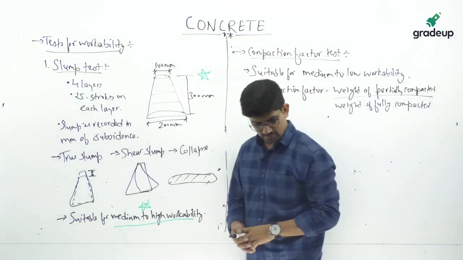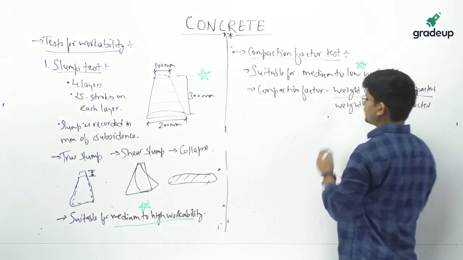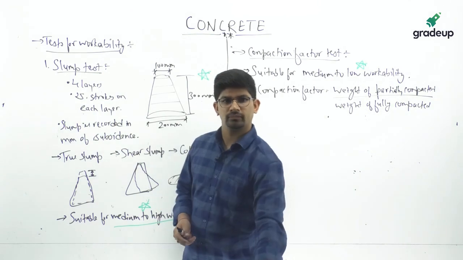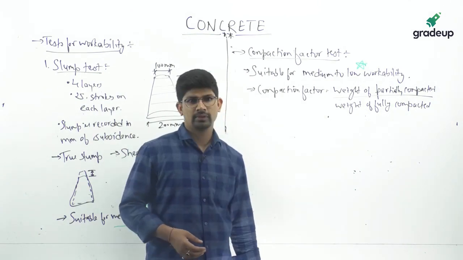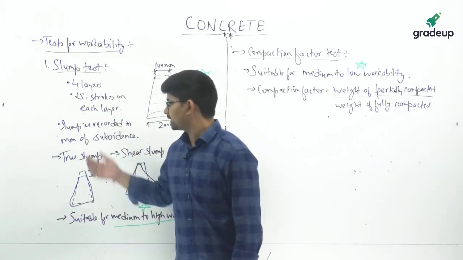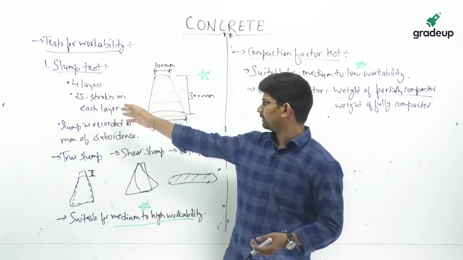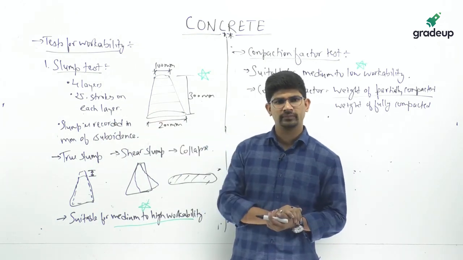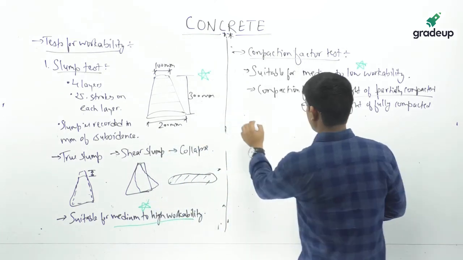So this is the information about the compaction factor. This point is important from examination point of view. Also, tamping and strokes: tamping rod is what we use, and with that we give strokes in the concrete.